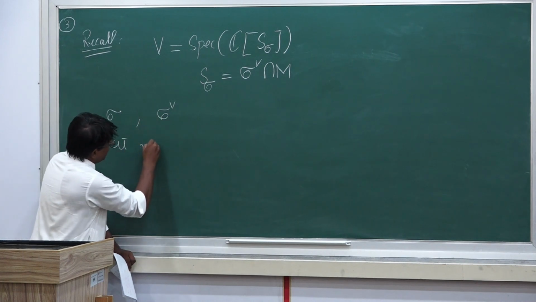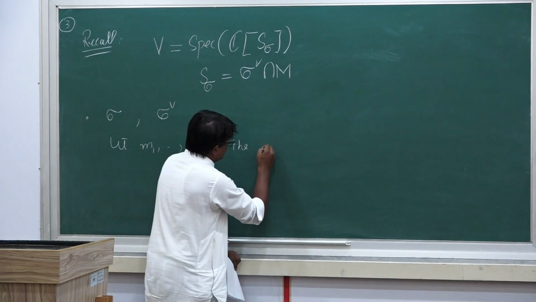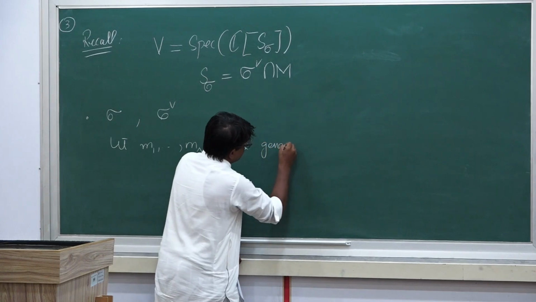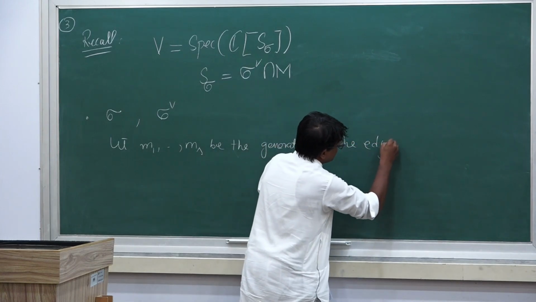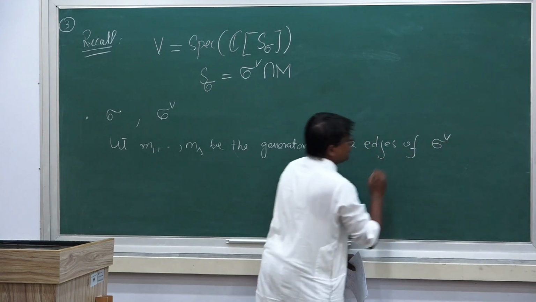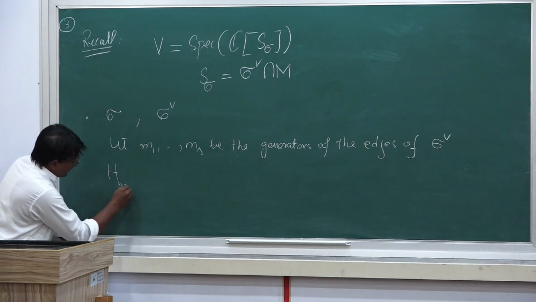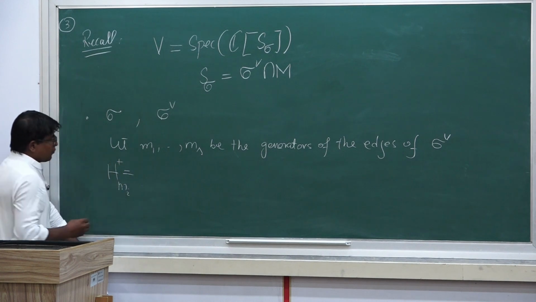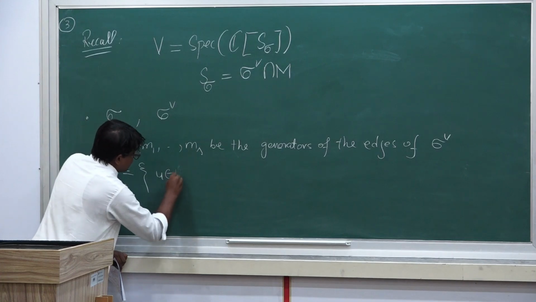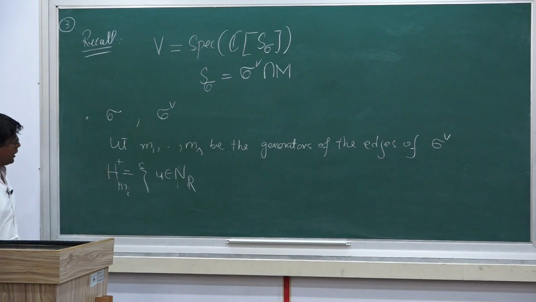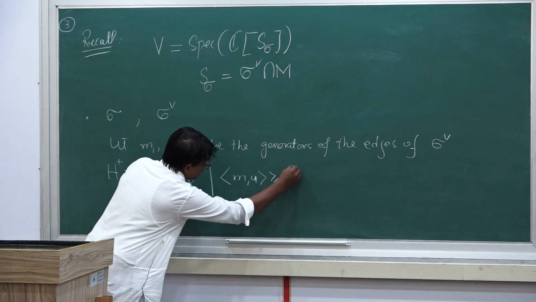So, let M1 up to Ms be the generators of the edges of sigma dual, then to each edge M_i I can associate a set H_{M_i}^+, and that would be all u belonging to the vector space N_R such that <M_i, u> is greater than or equal to 0.